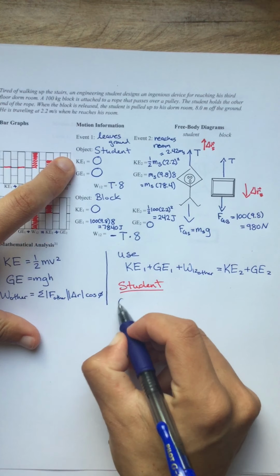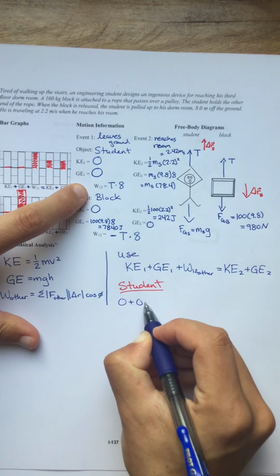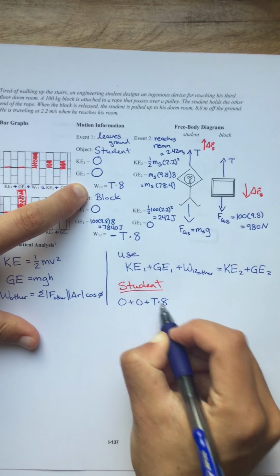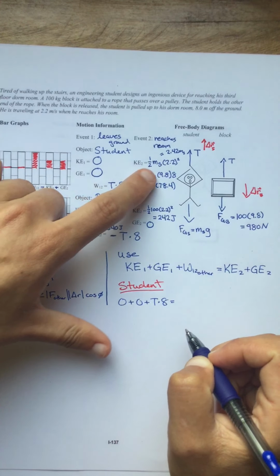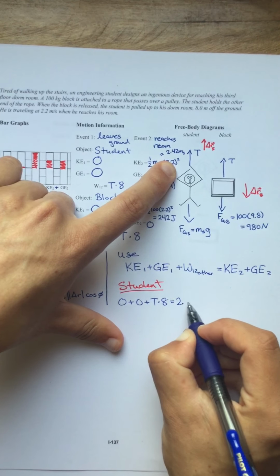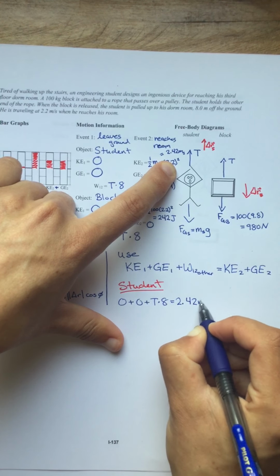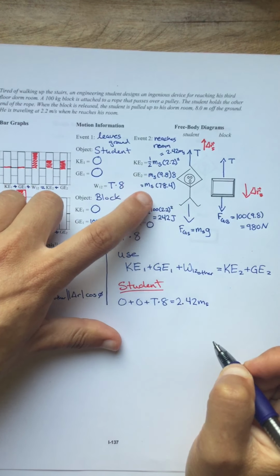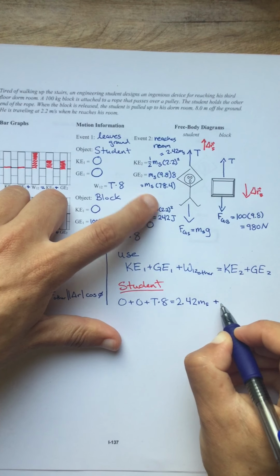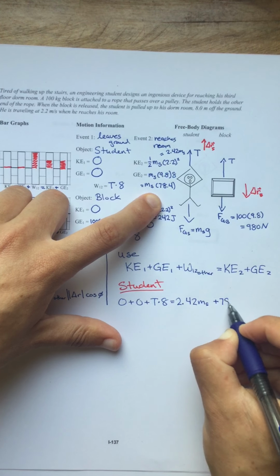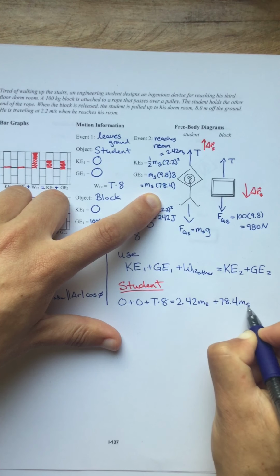So KE1 is 0, plus GE1 is 0, plus T times 8 is equal to KE2, which we said when we simplify it, we get 2.42 times the mass of the student, plus GE2, which is 78.4 times the mass of the student.